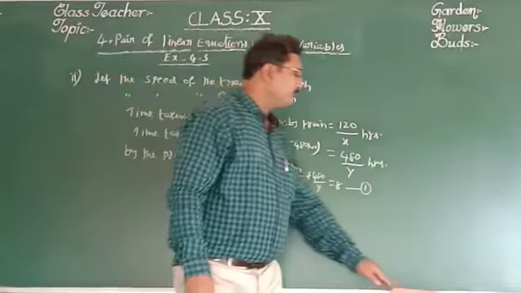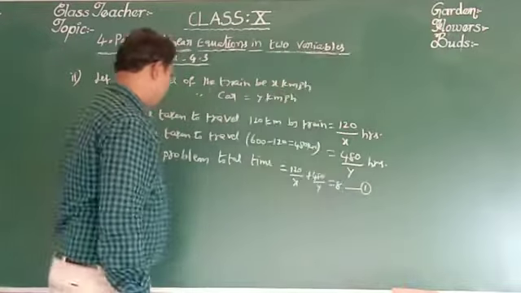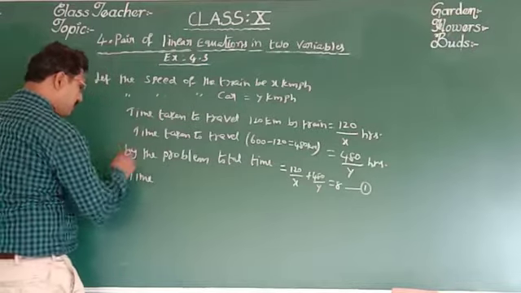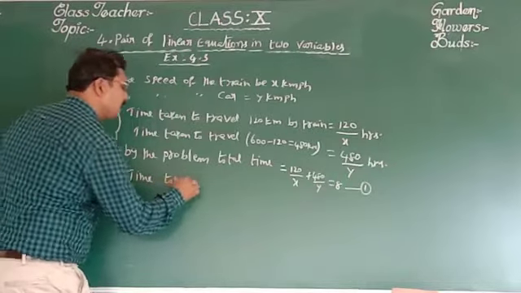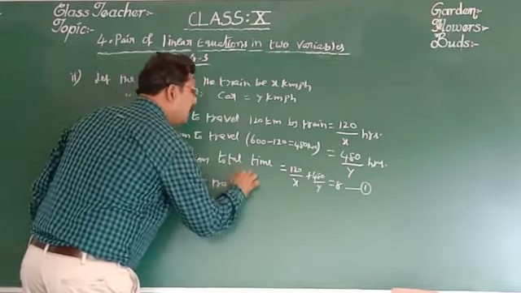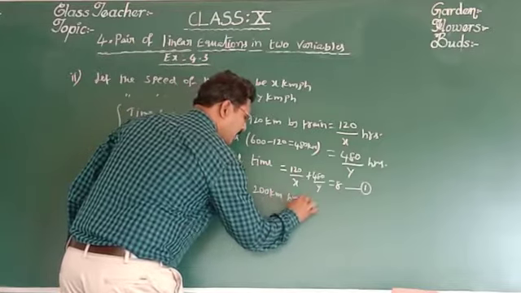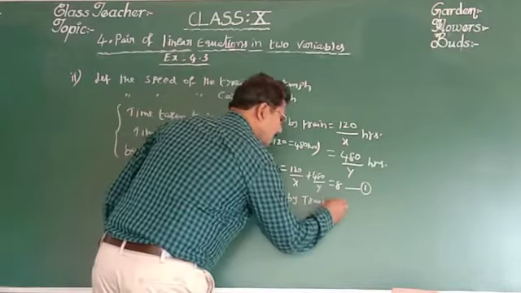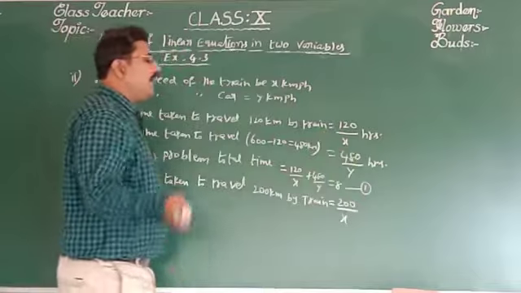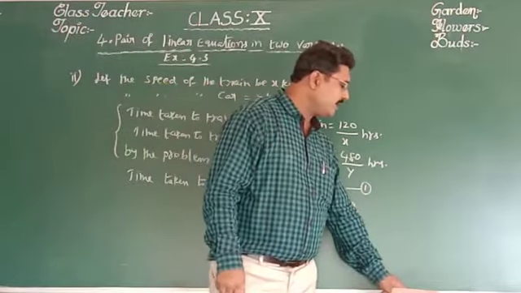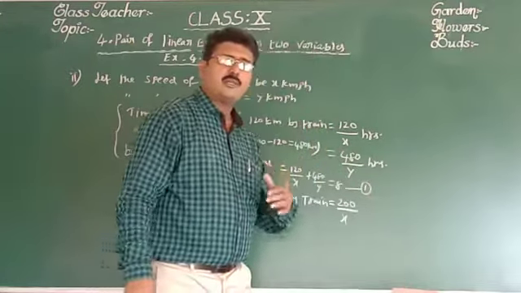Now next, the second case. Once again by the problem, the time taken to travel 200 kilometers by train is 200 by x, distance by speed. And this is important: by car means the rest of it.